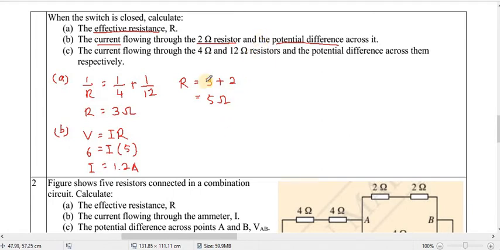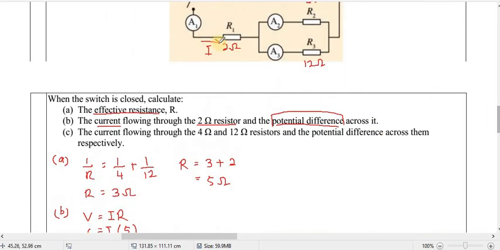And then, now that we have the current, we can calculate the potential difference across here. Same concept. You want to calculate potential difference here. You use the current here and the resistance here. So, we already have the resistance. We also have the current that pass through here.